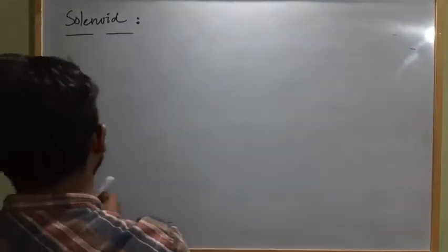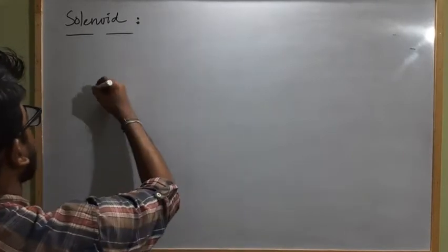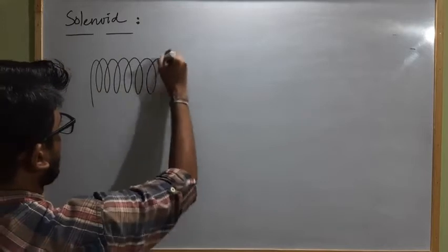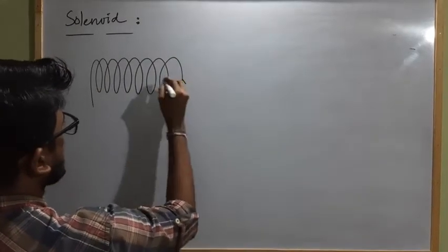So as we already discussed, this is a solenoid, and current in this is flowing like this.